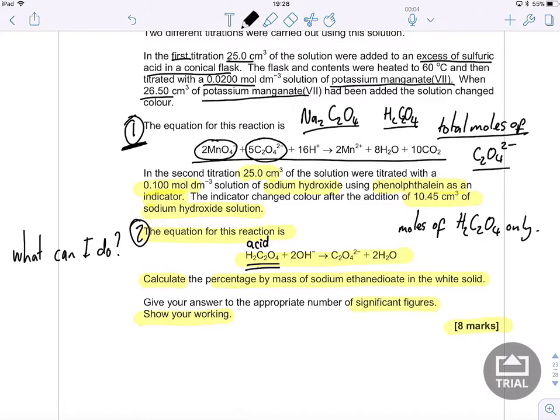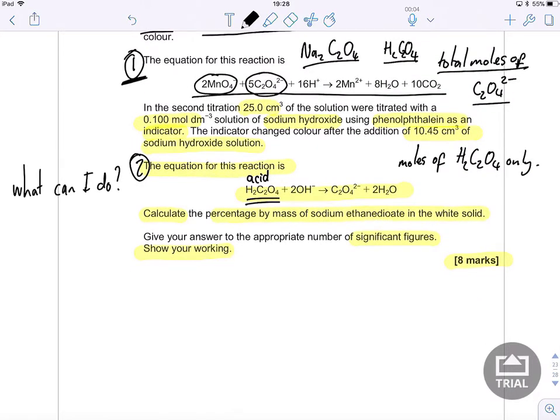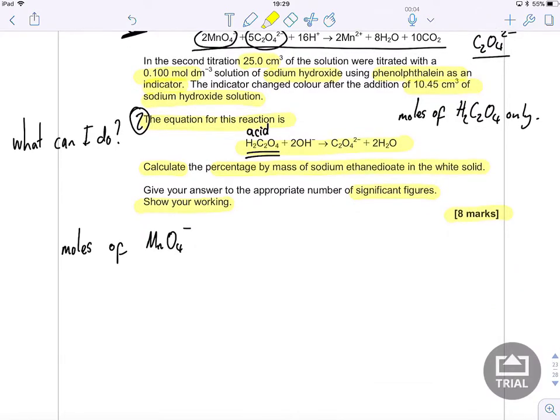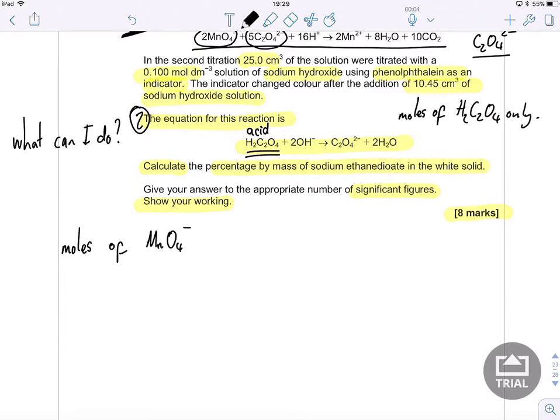In titration number 1, what everybody can do, because it's given in the question, is work out the moles of manganate ions in the solution. Just go back and have a look at this information. We've got that volume, 26.50, and it was 0.02 mole per cubic decimetre. So I'm going to use my lovely equation, n equals CV divided by 1000.